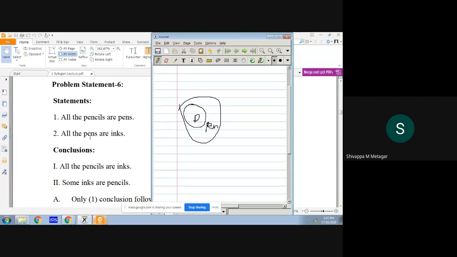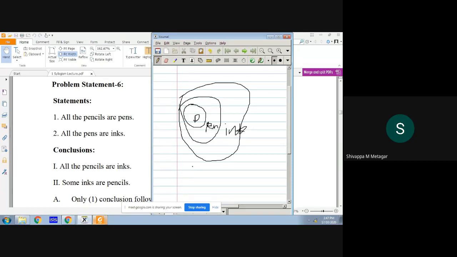Second one, all the pens are inks. So, all the pens are in the ink. Now, all the pencils are pens, and all the pens are inks. Now, you have drawn the diagram.